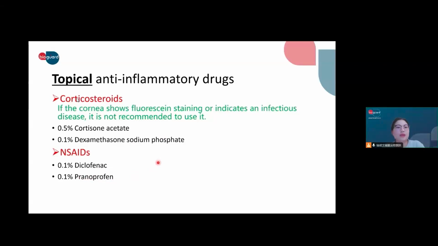What needs reminding here is that if the cornea shows fluorescein staining or indicates an infectious disease, it is not recommended to use corticosteroid. We need to be careful to use the medicine.